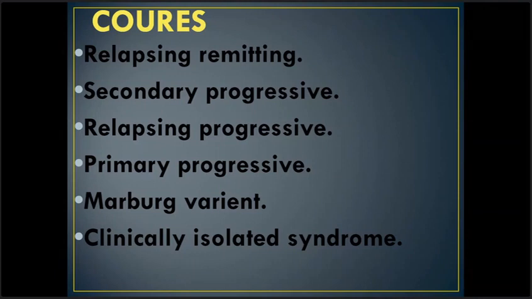But we should have criteria to select patients with a clinically isolated syndrome and start the treatment, because we can guess this patient will be a candidate for multiple sclerosis.